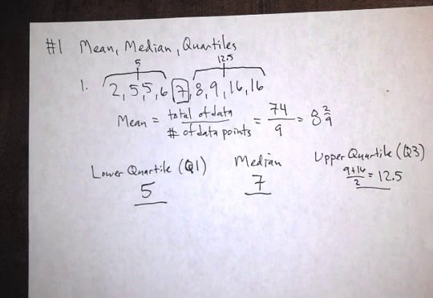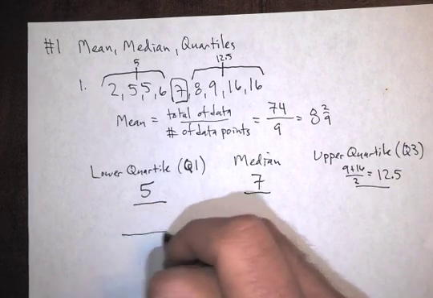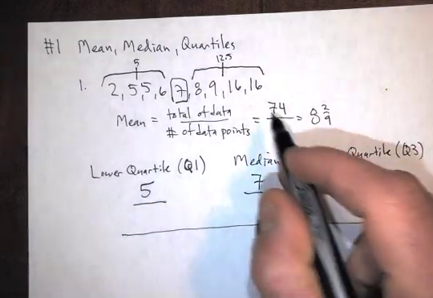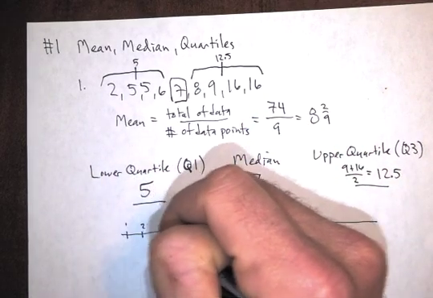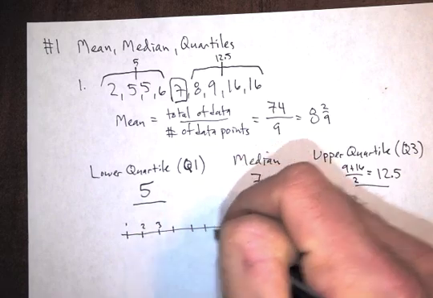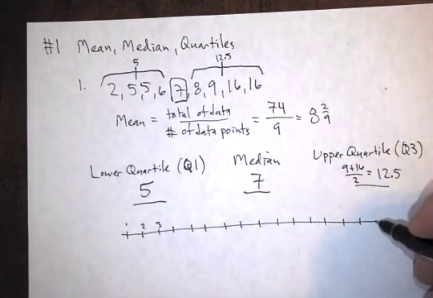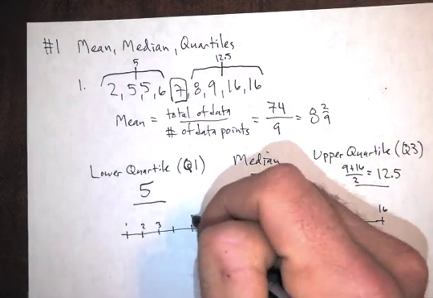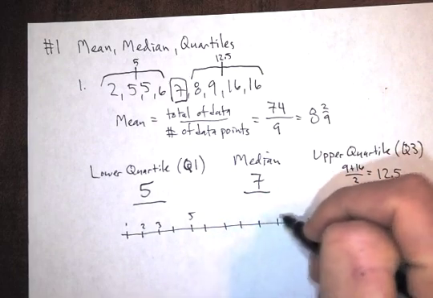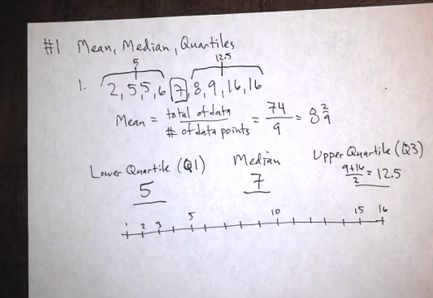Okay, that's your quartiles. The other thing that goes along with this is the box and whisker plot. For a box and whisker plot, you're going to make a number line. I need to get up to 16, from 2 to 16, so I'll just number by ones. There's a number line.